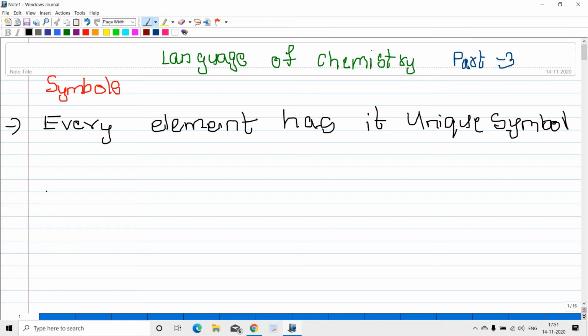What is the definition of this? Unique symbol means, for example, I am taking hydrogen.